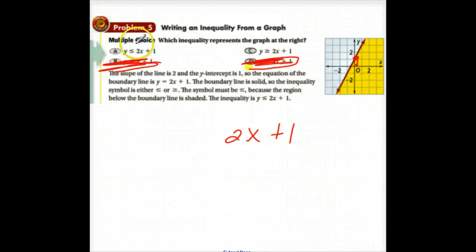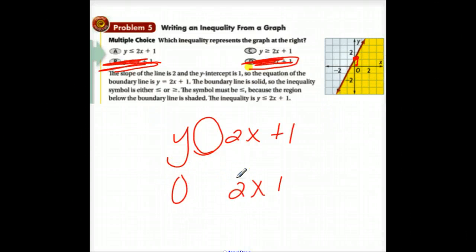All right, so it's between A and C, and the difference is the inequality symbol and which way I need to shade. If this were my equation, I just need to find out what the symbol is. If I were to put in 0, 0, because 0, 0 is not currently part of my line, it looks like 0, 0 was a solution because they shaded it. So I put 0 in: 0, 2 times 0, 0, plus 1.